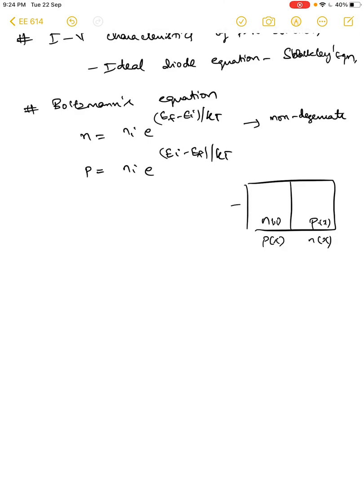One is the Fermi level. So the n has a Fermi level, let's say here, and the p has a Fermi level, say here, and the other is the energy level called the intrinsic energy level. The separation between these two levels determines the density of carriers. This is what this equation tells you, and we have seen this before.